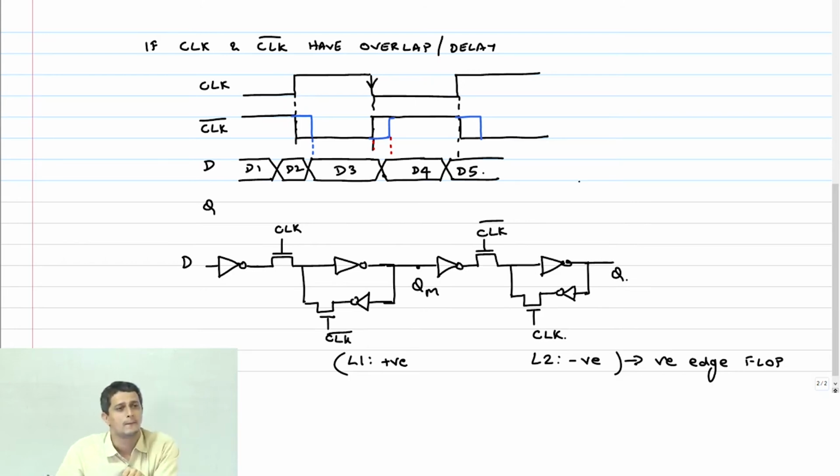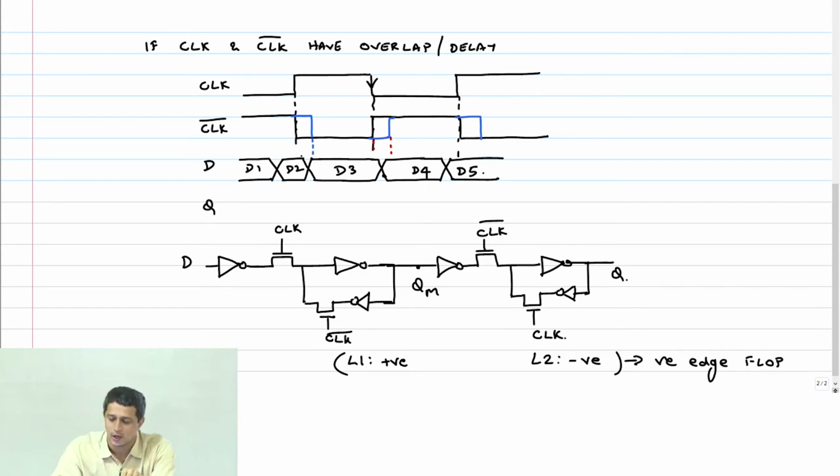This is a negative edge flip-flop, right? And therefore it is going to sample which data? It's going to sample D3 and it has to hold it, right? And the change in D, from D2 to D3, what should happen to that?